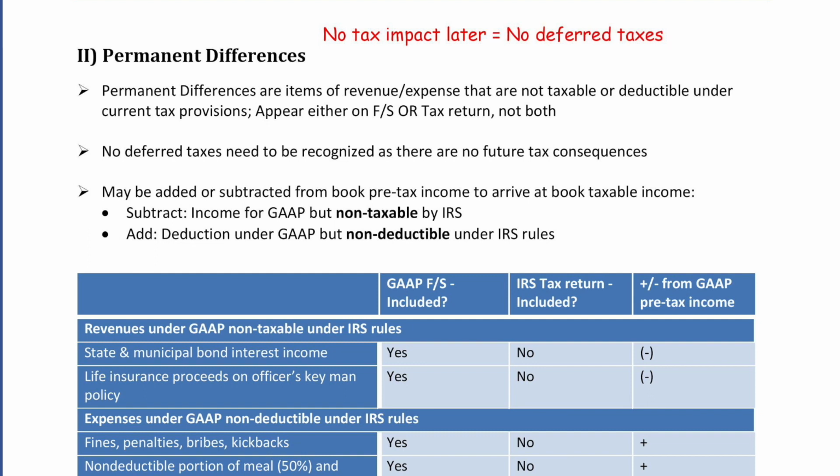So there's no tax impact later, there are no deferred taxes. These permanent differences affect current taxes only. And also highlight, no deferred taxes need to be recognized as there are no future tax consequences.